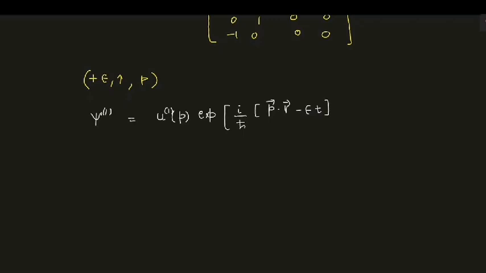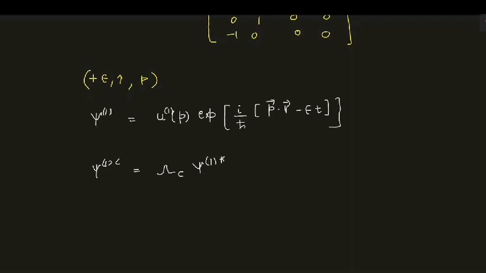Fine. So this is your particle. Okay, now you know what happens when you apply charge conjugation on this equation. You simply get lambda c times this psi 1 complex conjugated. Psi 1 complex conjugated means this thing complex conjugated.